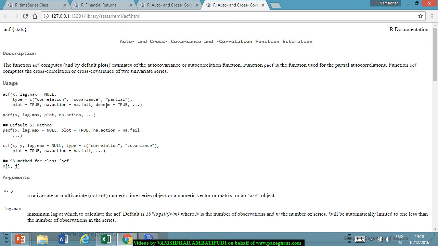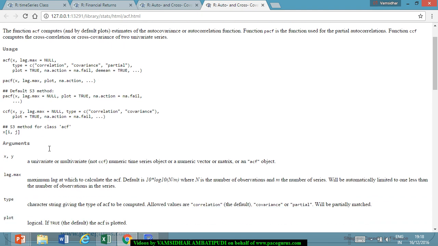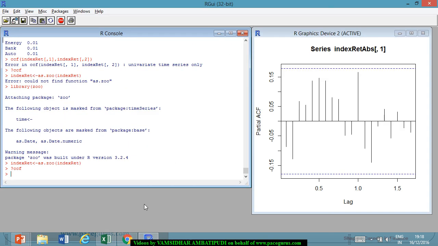CCF is actually coming out with X and Y, a univariate or a multivariate numeric time series object of an ACF. So let me try if I can directly use ACF itself. ACF of index ret 1 and index ret 2.